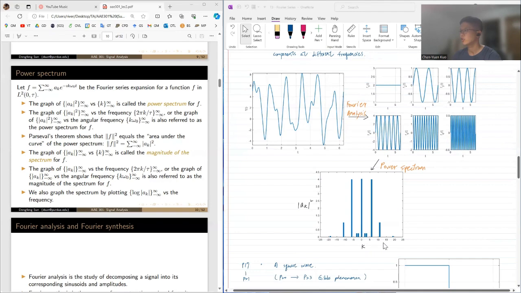Here on the horizontal axis is the index of the integer, and on the vertical axis is the square of the absolute value of the Fourier coefficient a k. You can observe from the power spectrum that the sinusoidal components of the function f have a higher power at angular frequencies equal to 0, 6 omega naught, and negative 6 omega naught.